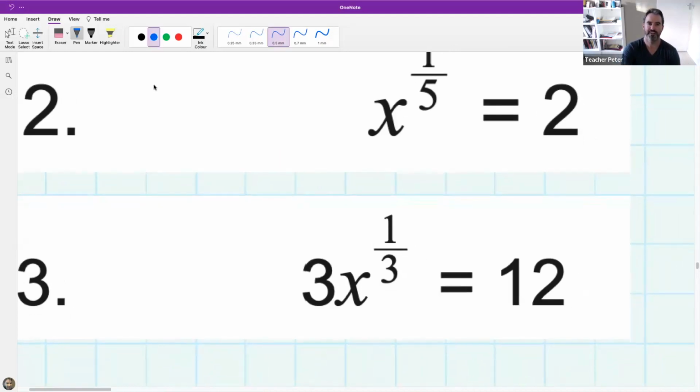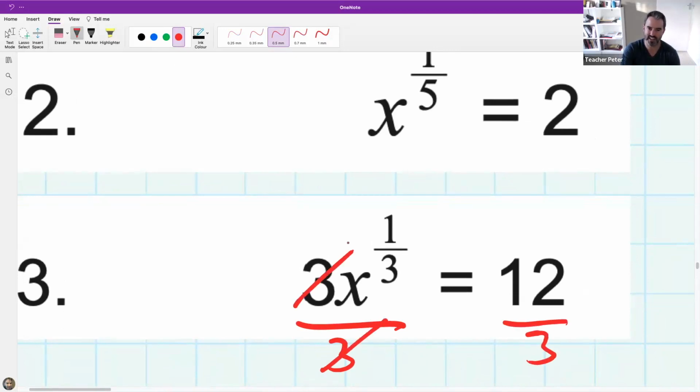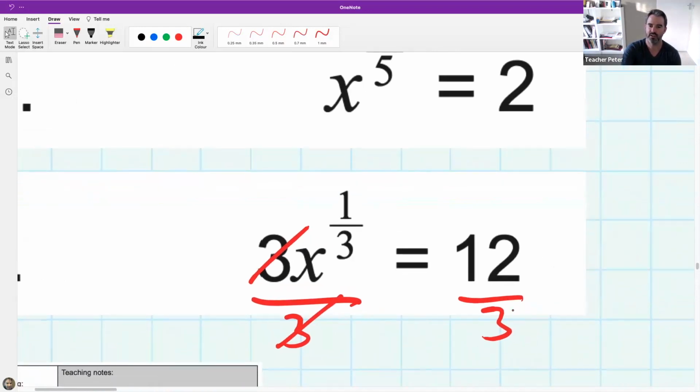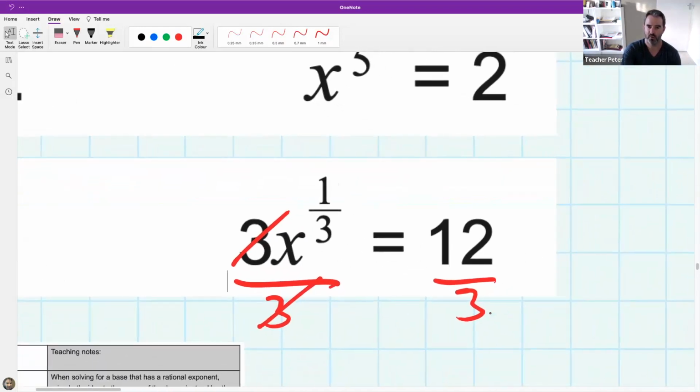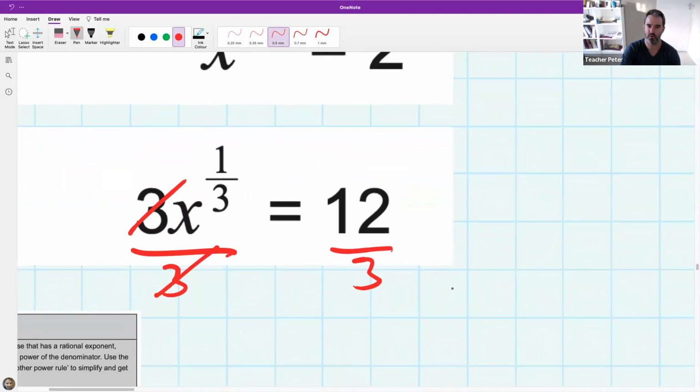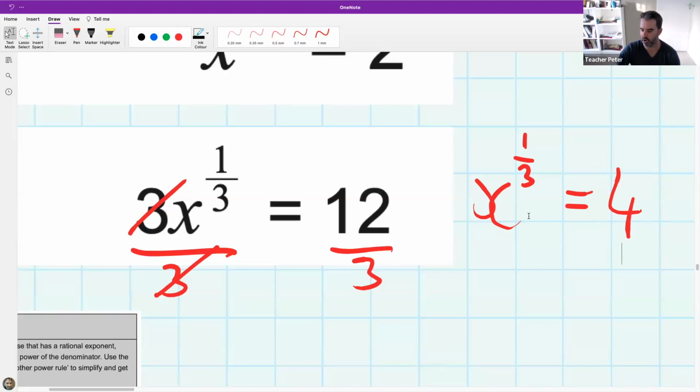Fatu has said, divide both sides by 3. And the reason I think that's so fantastic is it takes the headache away here. Now this becomes actually just solving the equation. So the new question is actually just to solve that, which is a lot like the one we had before.